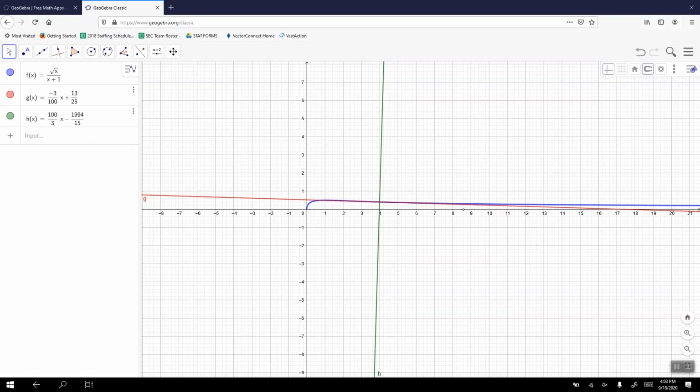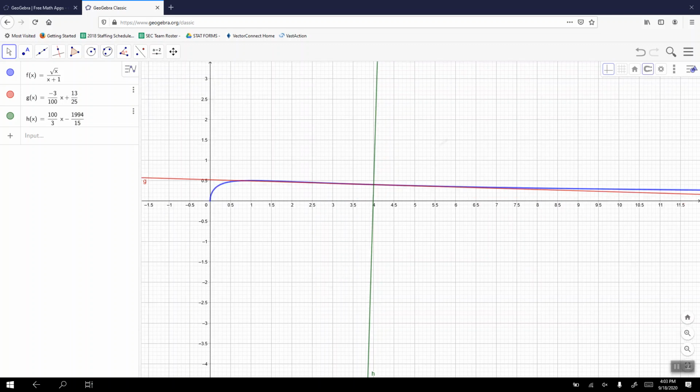And this orange line is a line that's tangent to the graph at x is equal to 4. However, if you look closely here, we do get to see that the normal line and the tangent line are orthogonal to one another. In other words, they're perpendicular to one another. And that is what we wanted to see.